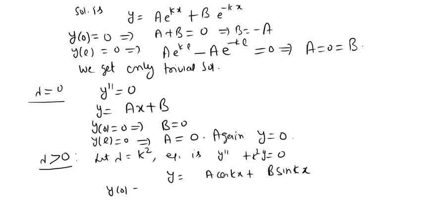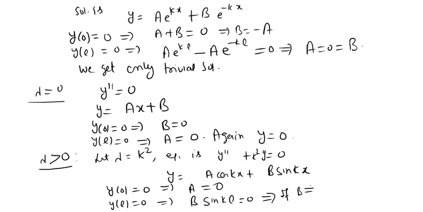Use conditions: y at 0 equal to 0 will give you a cos 0, which is 1, so a equal to 0, and y at L equal to 0 will give you b sine kL equal to 0. If b is 0, then you have the same situation. So we take b non-zero, so sine kL equal to 0 will give you a non-zero solution.